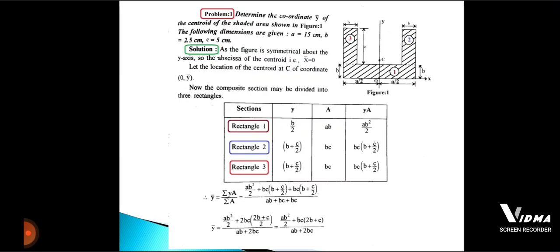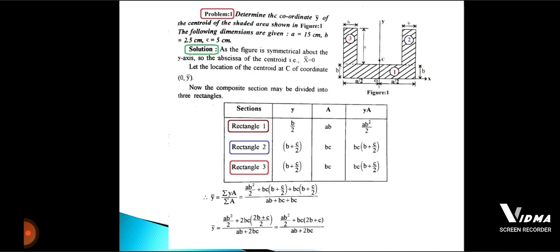Problem number 1. Determine the coordinate y bar of the centroid of the shaded area as shown in figure 1. The following dimensions are given: a equals 15 centimeter, b equals 2.5 centimeter and c equals 5 centimeter.